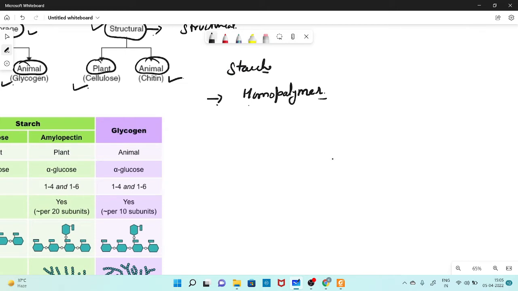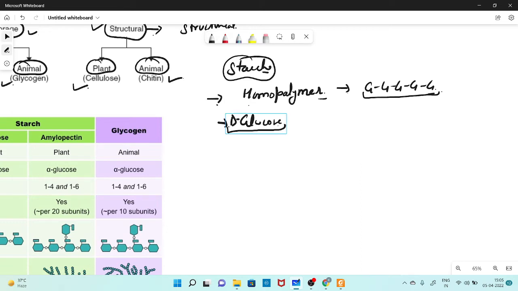First of all, this is a homopolymer, which means it has a single glucose moiety in its structure, so it will repeat itself again and again. And what type of sugar molecule? In starch there is glucose, or you can say the D-glucose sugar unit repeats one by one.